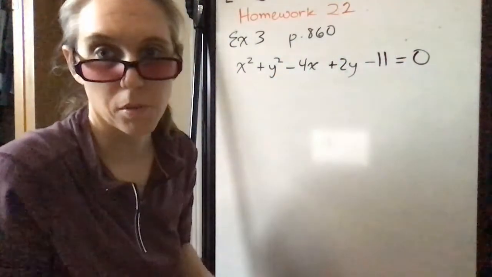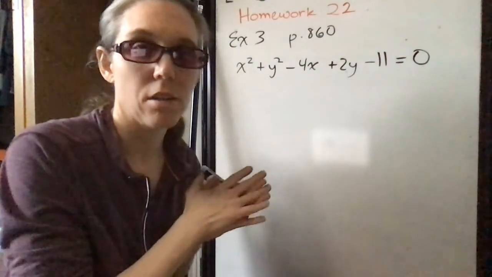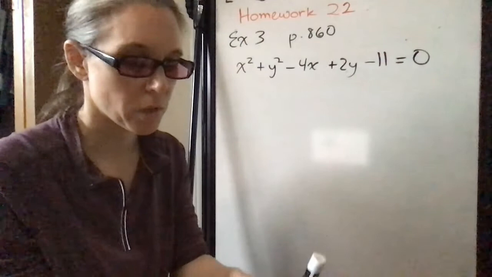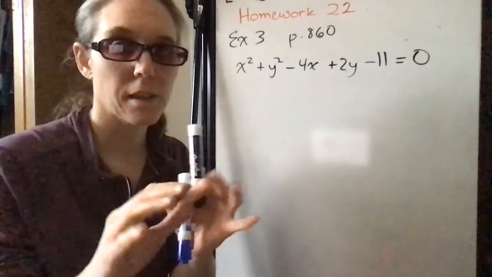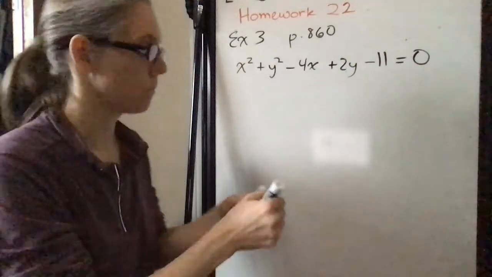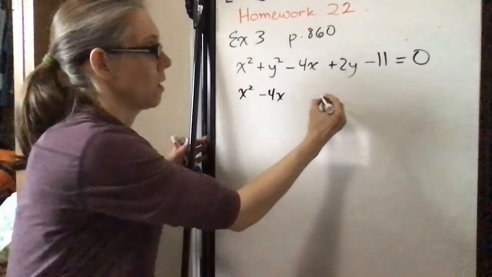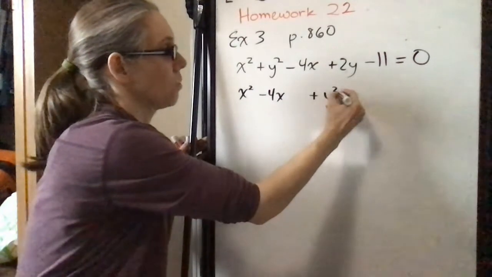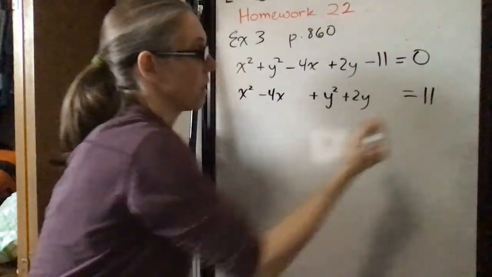And this is supposed to be a circle, but we need to write it in the form of a circle. So what you want to do is first group together the x's, group together the y's, and throw the constant on the other side. So if you group together the x's and group together the y's and throw the constant on the other side, it looks like this.